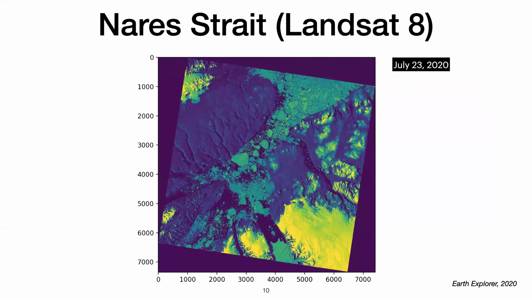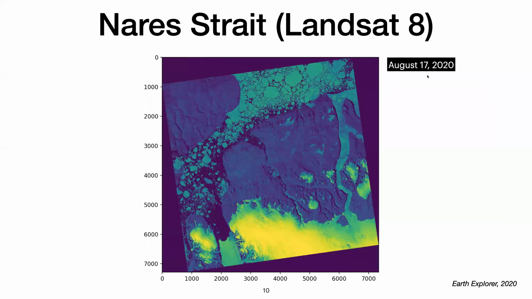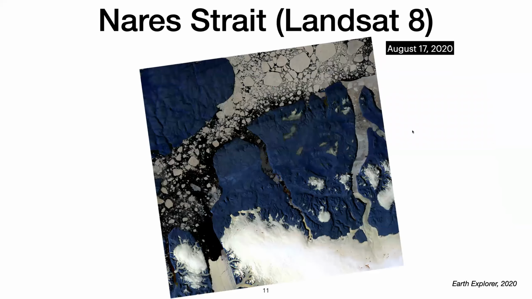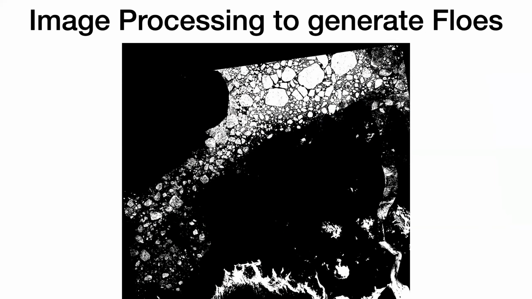So what we did was analyze some recent satellite pictures, and we went over different pictures of the Nares Strait. We decided to work with those that have more distinct or discrete objects for the different flows of sea ice going through the strait. Next, we did some image processing of the Landsat pictures to binarize the sea ice from the surrounding ocean, and the land boundary from the sea ice.